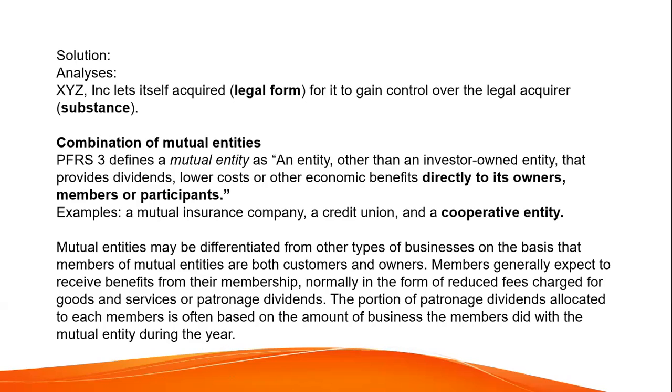Mutual entities may be differentiated from other types of businesses on the basis that members of the mutual entities are both customers and owners. Members generally expect to receive benefits from their membership, normally in the form of reduced fees charged for goods and services or patronage dividends.